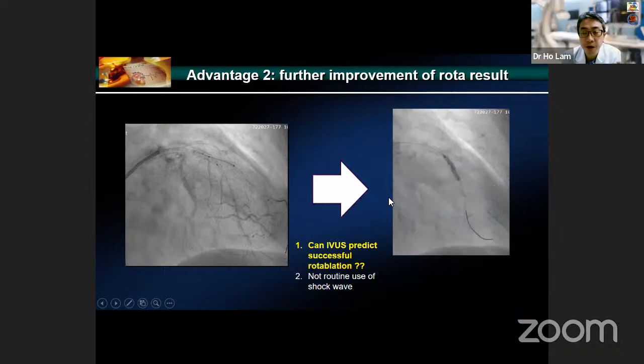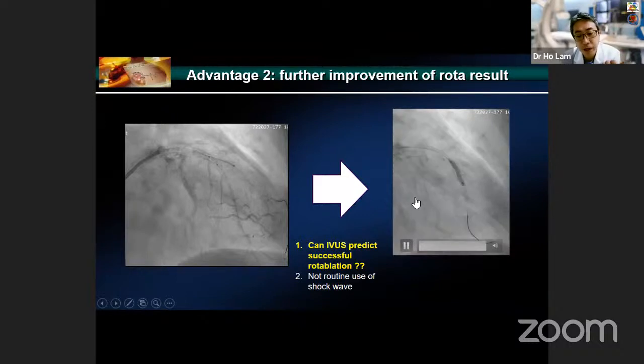I think major improvement is only around 10%, but maybe some invisible improvement is very common, because recently some case studies and papers were published showing that after the shockwave, although there is no visible improvement, there will be some microfracture over the calcium.